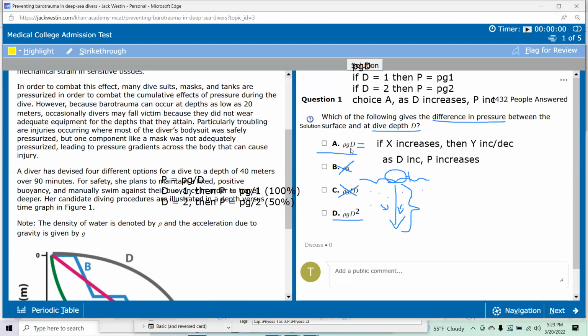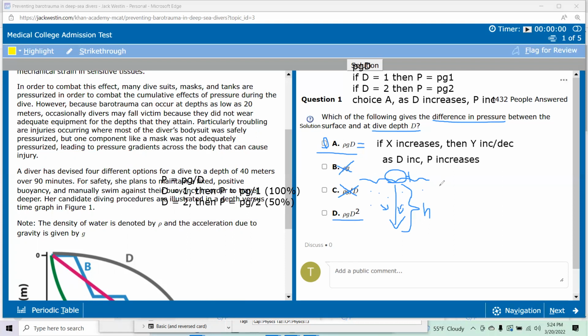Or in this case, they put it as D, where depth D was this height here. They called it depth in this case, but it's the same thing as height. So in this case, this is the correct choice.